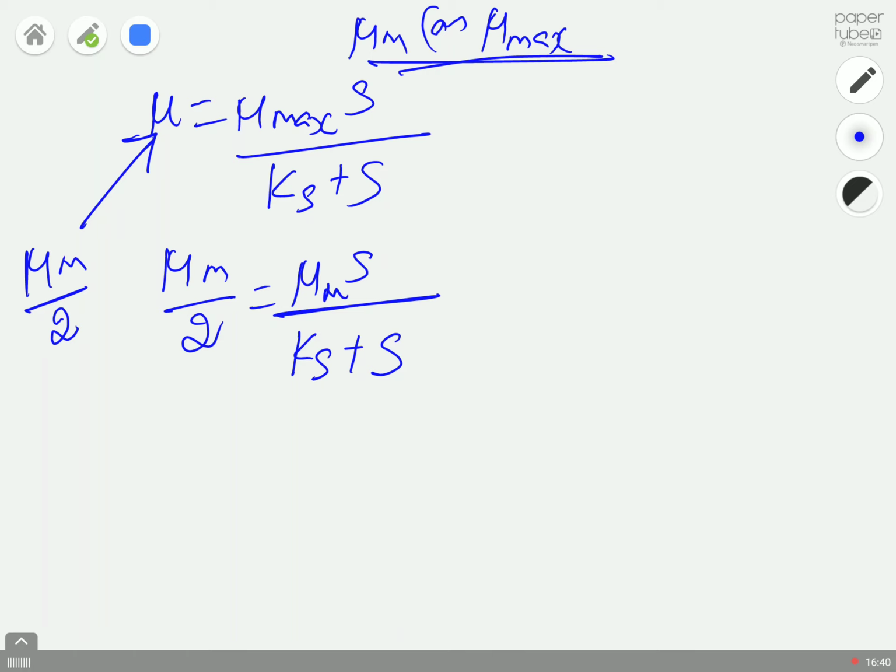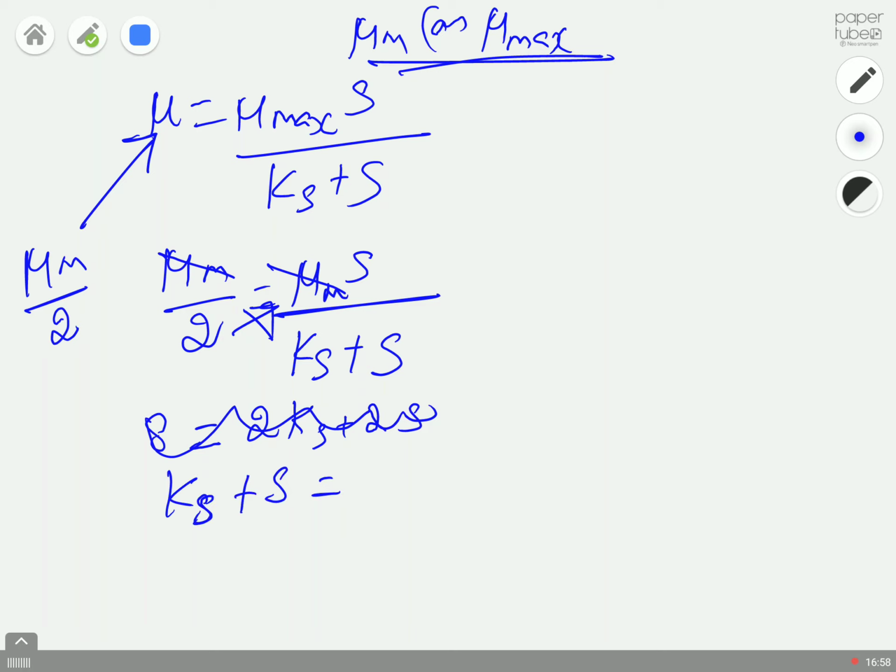Mu max cancels on both sides, so you will get Ks plus S is equal to 2S. Sorry, it will be the other way around: Ks plus S is equal to 2 multiplied by S. So Ks will be equal to 2S minus S, which is equal to S.